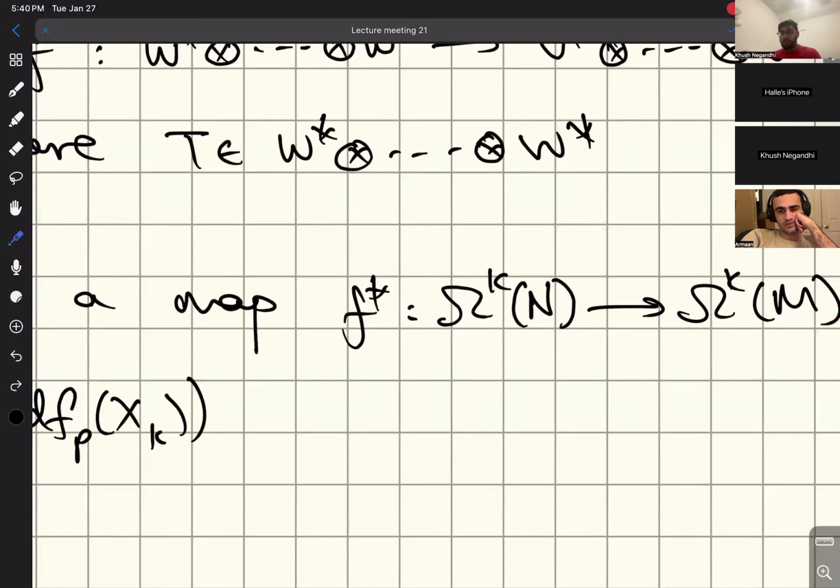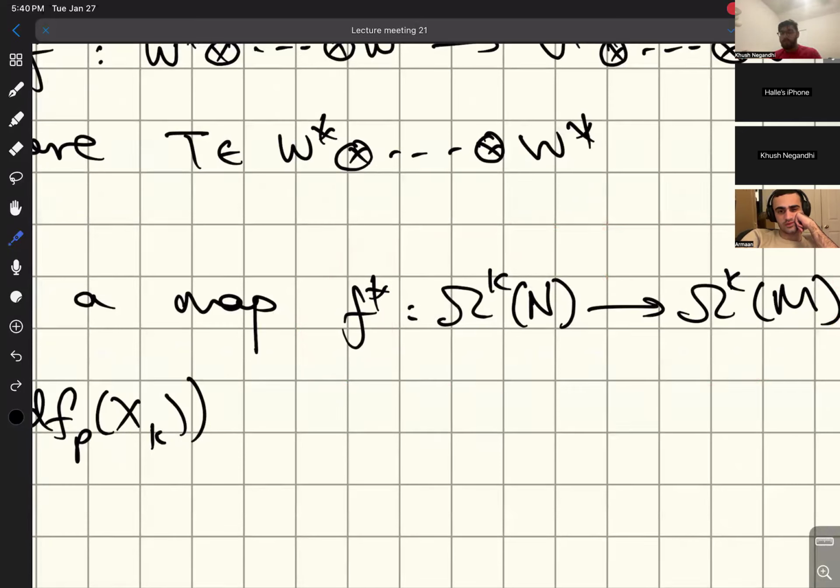Okay, so let me show you a use case of this. Let M be some smooth manifold, and let the collection U phi be an atlas on M. Let's look at the structure of phi.